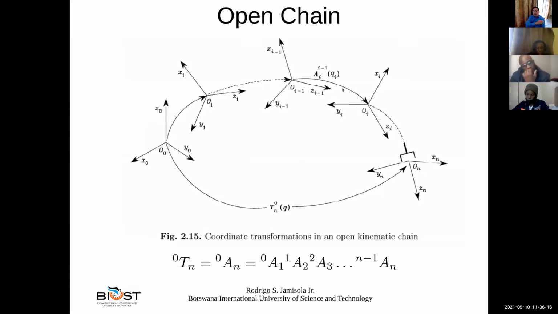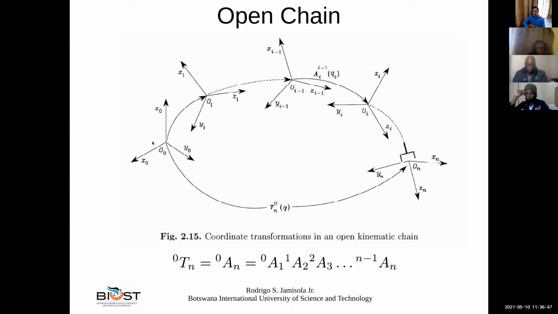Now we mentioned this before, and in fact, in our long test 2, we have computed them. That means that we can have a chain of several frames. This is frame 0 to frame 1 to frame 2 to frame 3 to frame i-1 to frame i up to frame n, where we say frame n is normally the end effector frame. Normally n represents the number of joints.